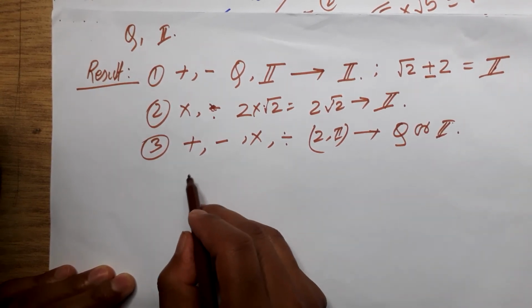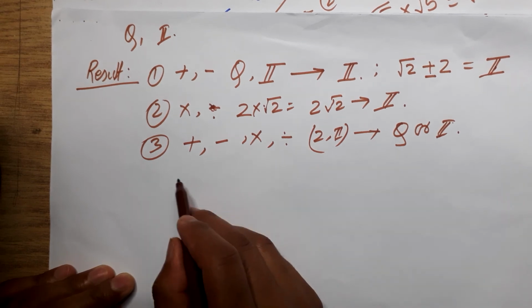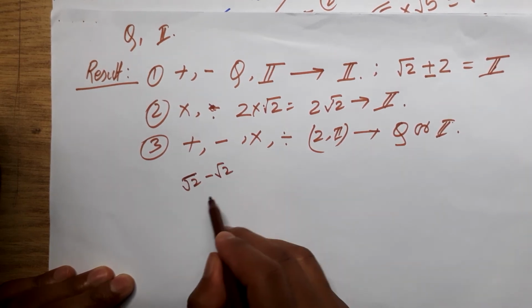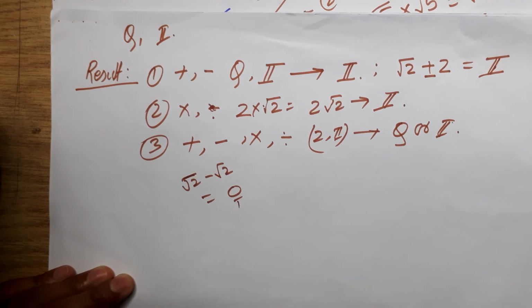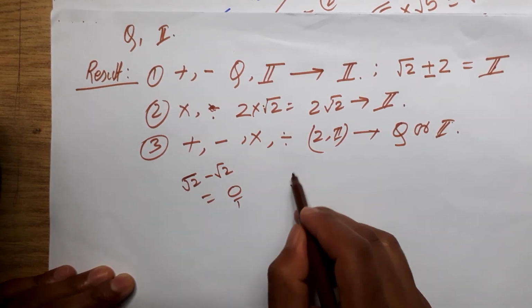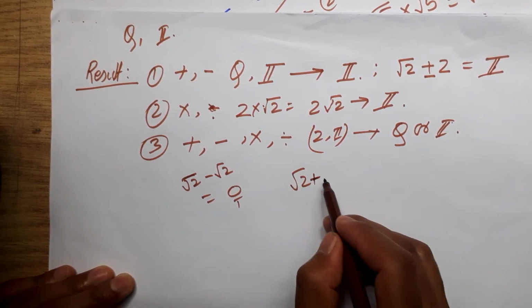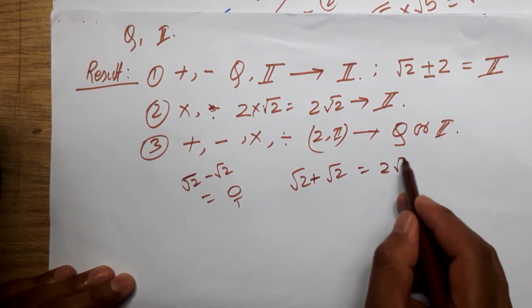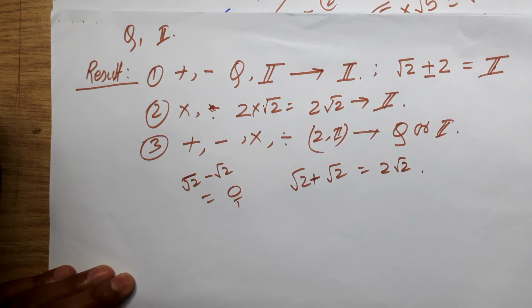When we add, it may be rational, it may be irrational. Example, root 2 minus root 2 is rational, but root 2 plus root 2 equals 2 root 2 is irrational. So it may be rational and it may be irrational as well.